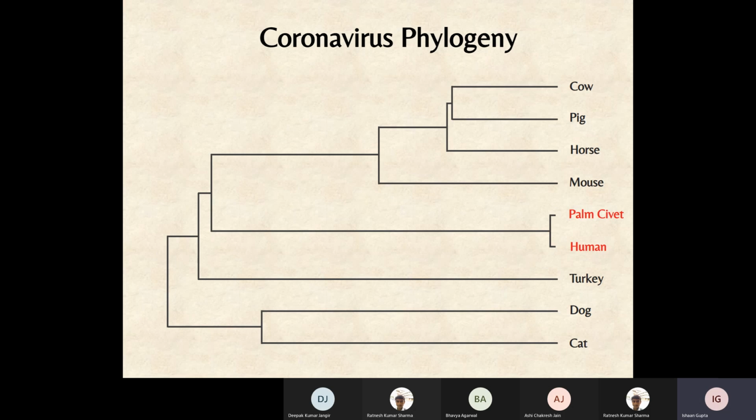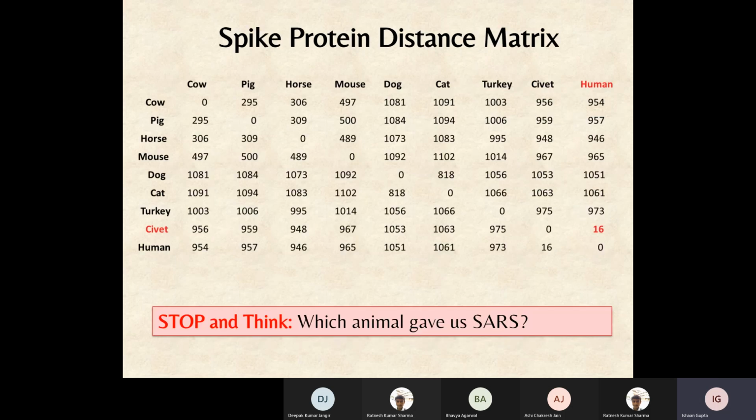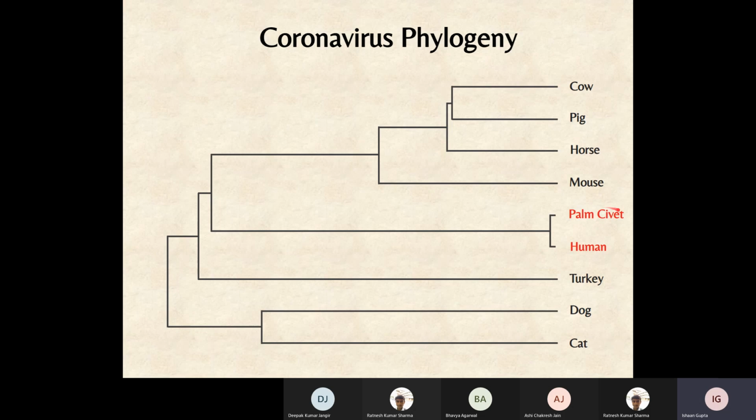And when you actually reconstruct the phylogeny from this additive version of the previous matrix that I gave you, this is how the phylogeny looks like. This is the root area, and these are all the present species of coronaviruses that are infecting the respective organisms. And you see that palm civet and human are close by in the tree. This is how the palm civet looks like.